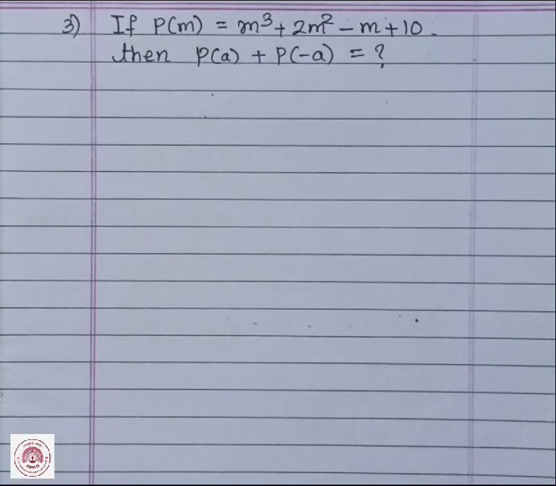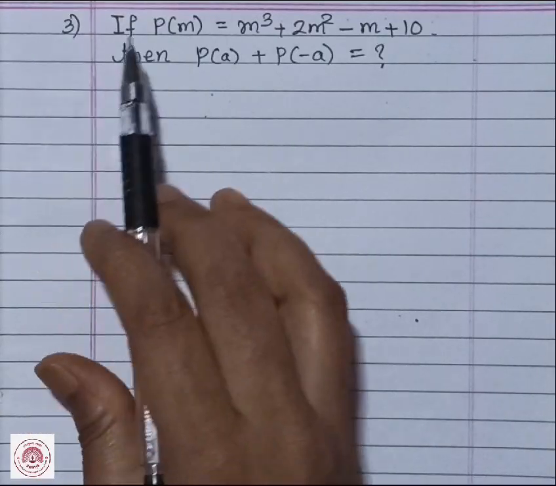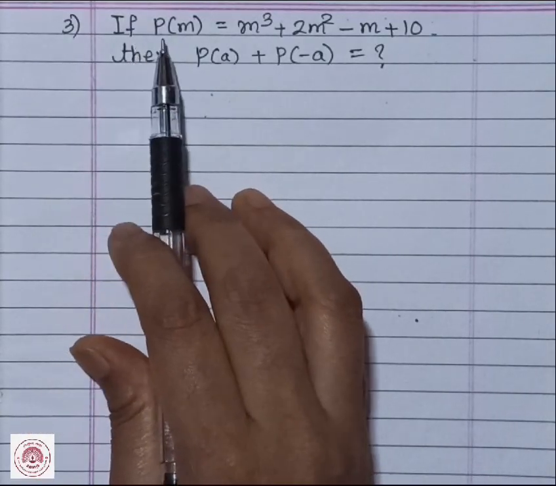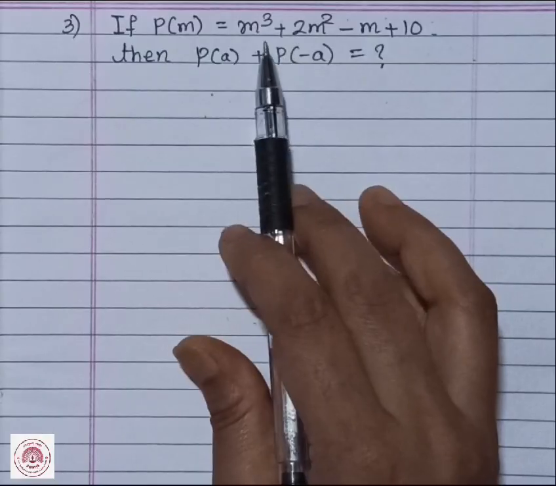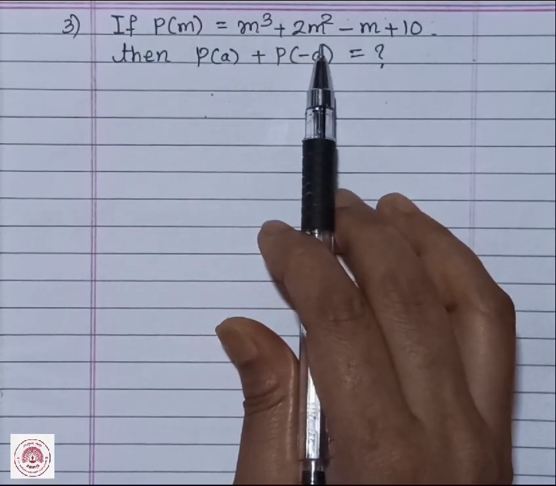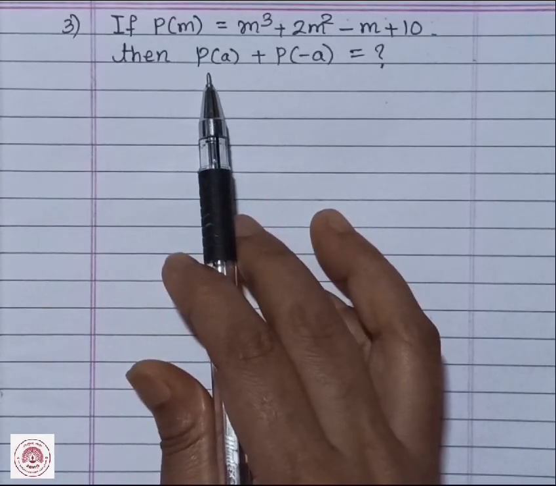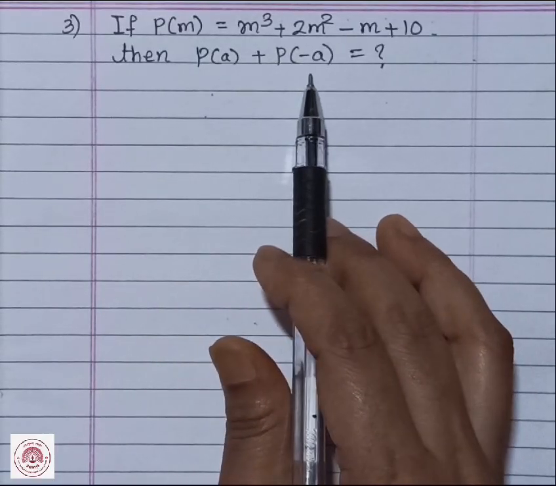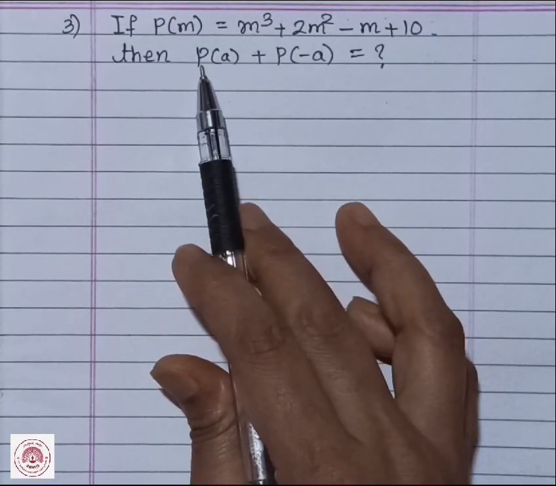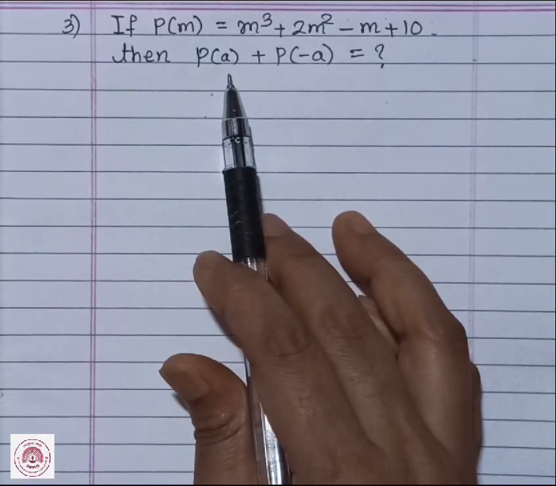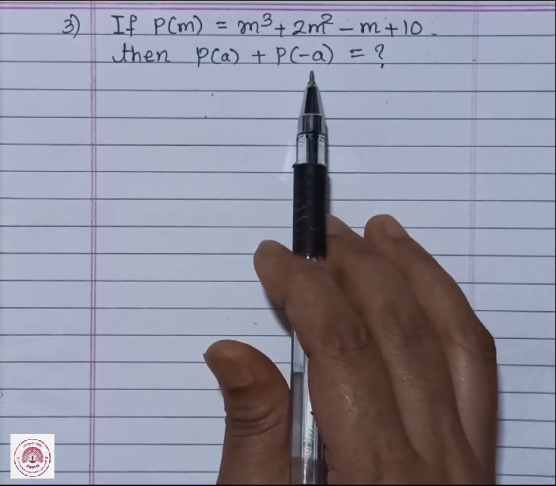Now we will solve question number 3. The question is: if P of m is equal to m cube plus 2m square minus m plus 10, then what is P of a plus P of minus a? Okay, so we have to find the value of P of a plus P of minus a.